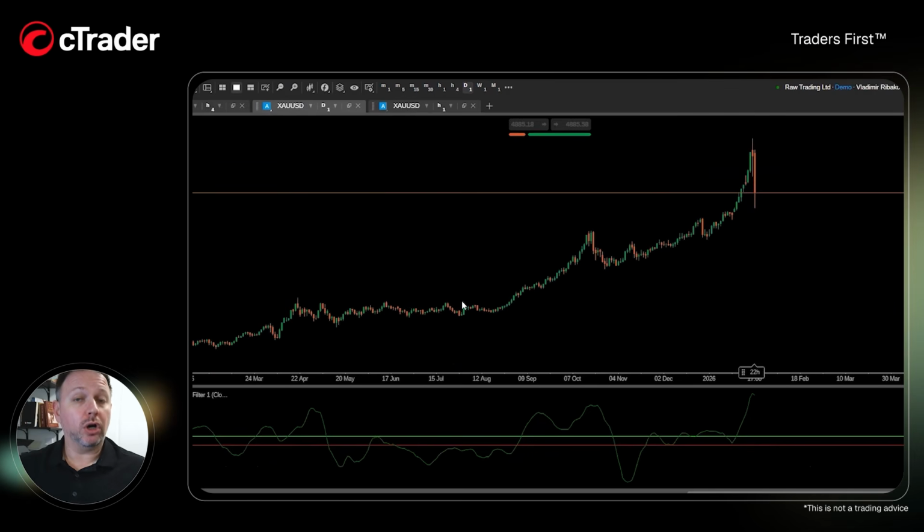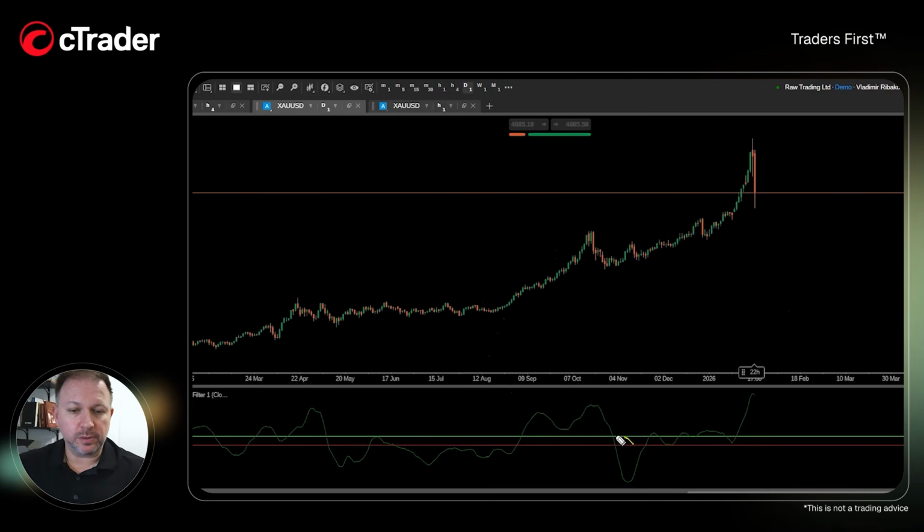Let's take a look at gold and then also forex pairs, where you will see the difference between the numbers. So the idea here is when the VHF, the vertical horizontal filter, is climbing up, is rising, we are in strong, trending market conditions, and we should be looking for buys.